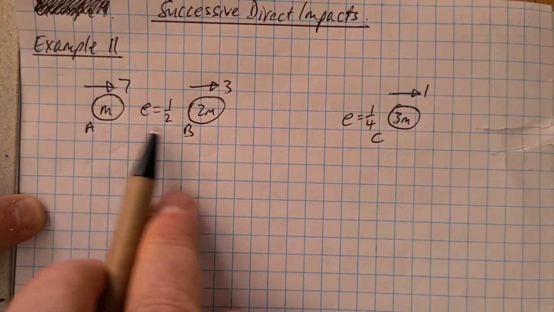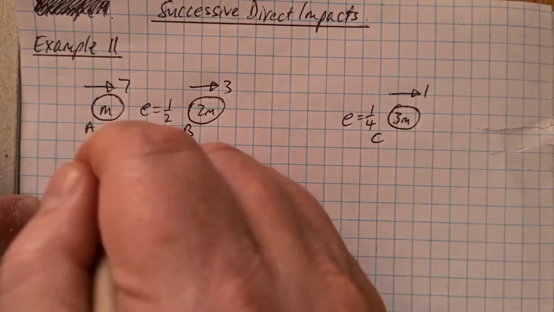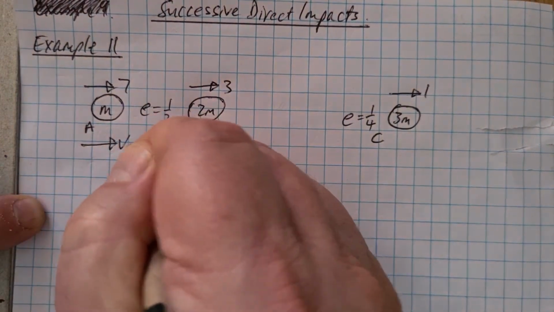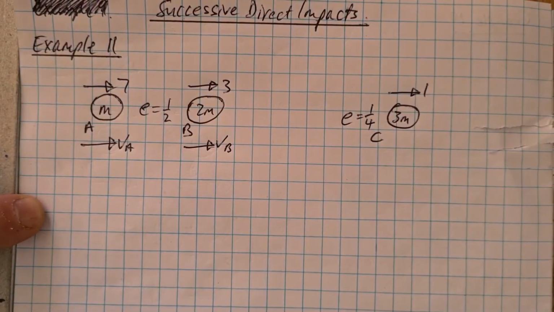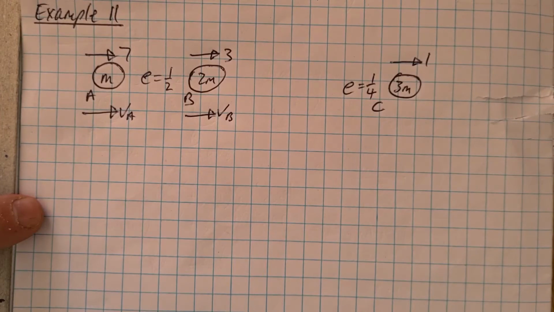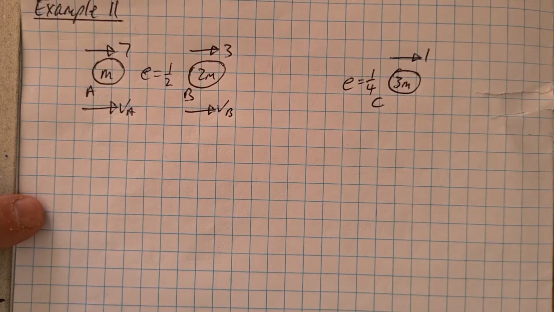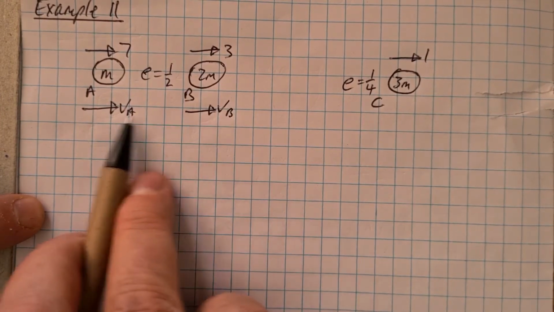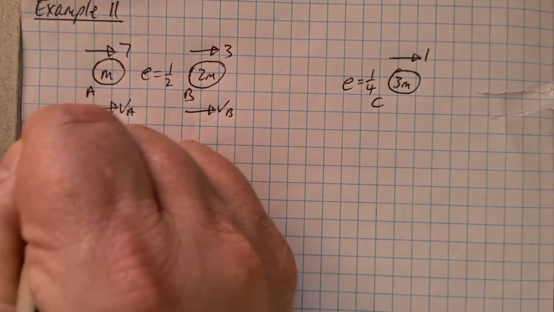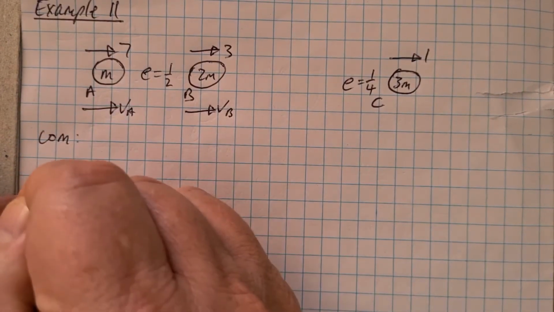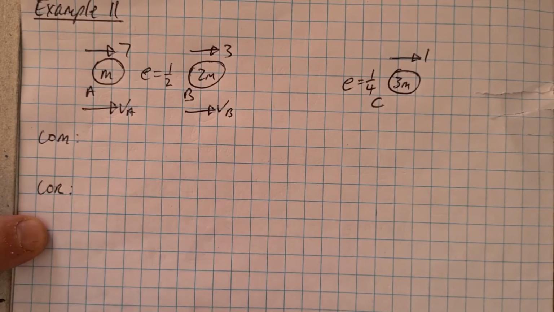So we start by concentrating on the first collision between A and B. So if I put velocity of A and the velocity of B as our unknowns, we now need to find out, as we were in the previous exercises, two unknowns. We need two equations. One comes from the conservation of momentum and the other comes from the coefficient of restitution.